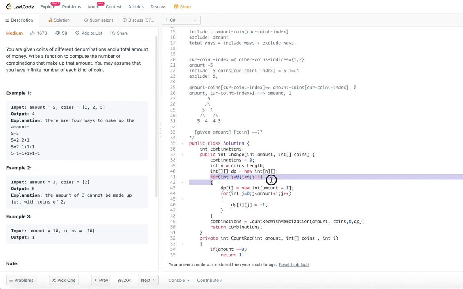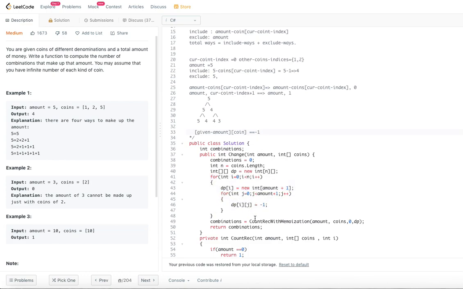I am initializing the dp array with -1. That means initially all these entries will be initialized to -1. While we go through the process, some of these -1s will be changed to zeros or ones or more values.